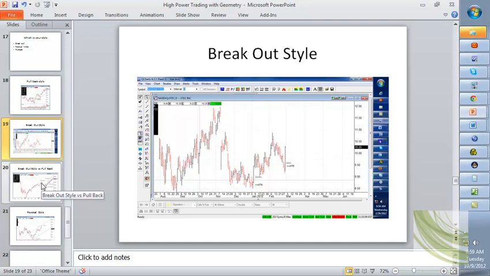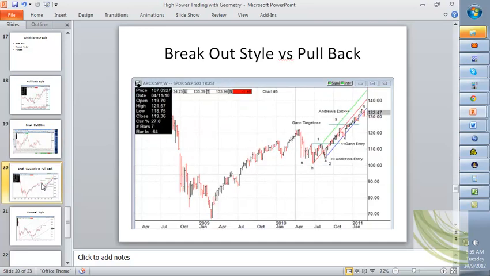Let's take a look at some other styles. Here's an interesting one. This one is what we call breakout style versus pullback. See here, for example, you have an Andrews entry. This is in the S&P. Absolutely classic. And you also happen to have what is well known under Gann theory as a reverse head and shoulders.